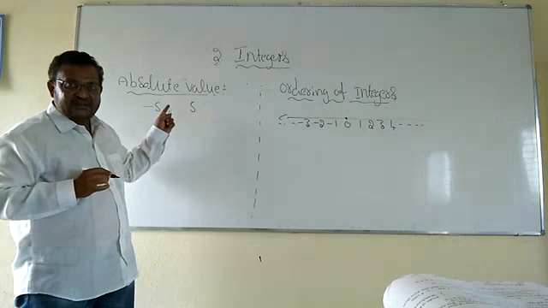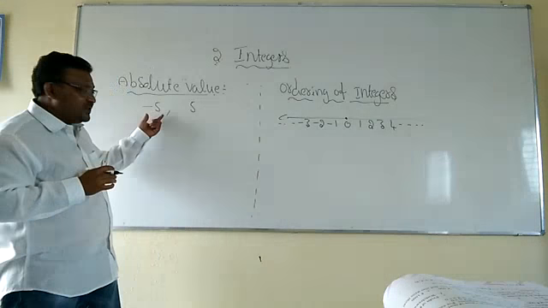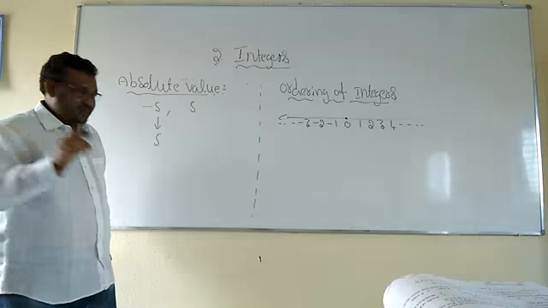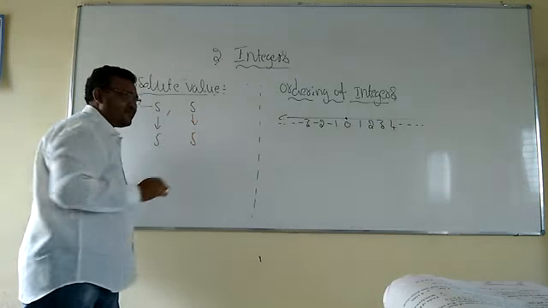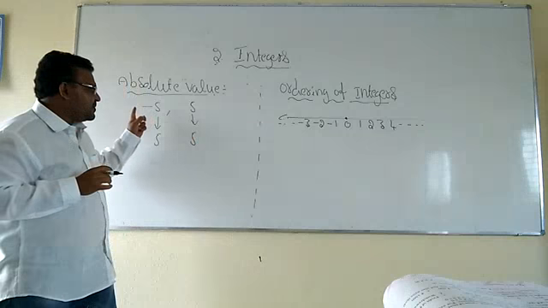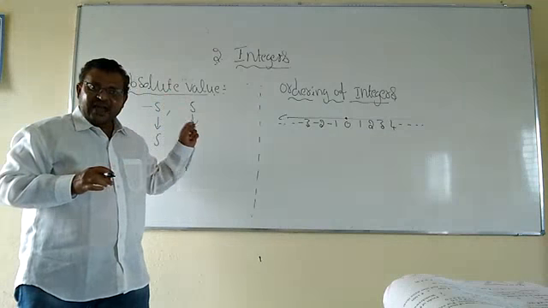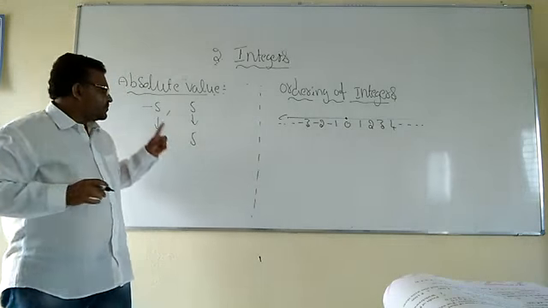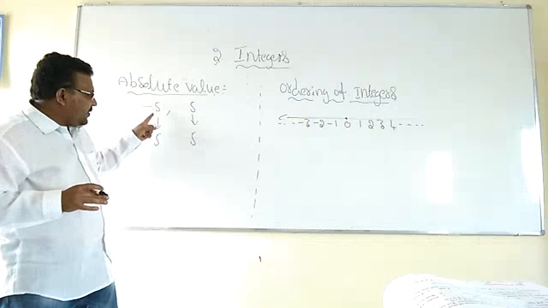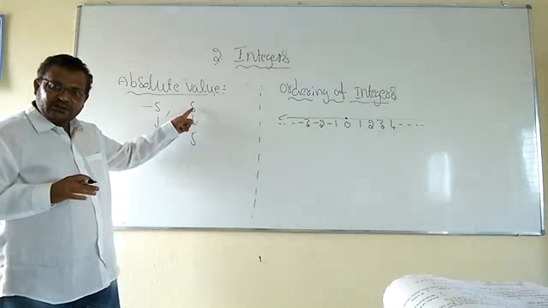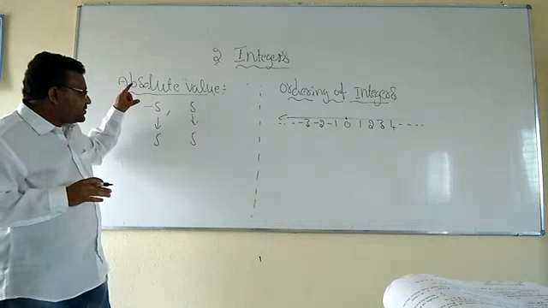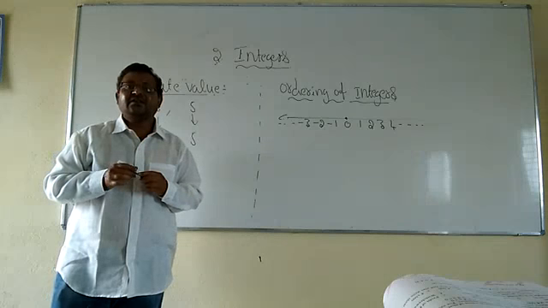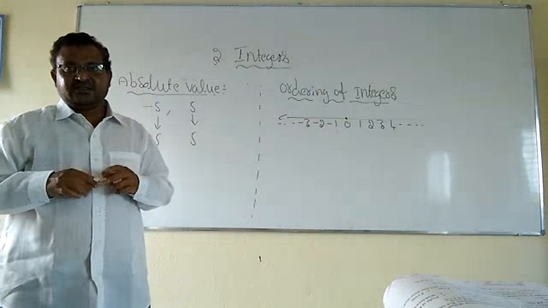Two numbers, one is -5, one is 5. The absolute value of -5 is 5. The absolute value of 5 is also 5. Whatever its sign is, whether it is minus or plus, for absolute value we have to take only its numerical value. Minus, take the numerical value only. Here plus, take the numerical value only. So the numerical value of the given integer irrespective of its sign is called the absolute value of that number.